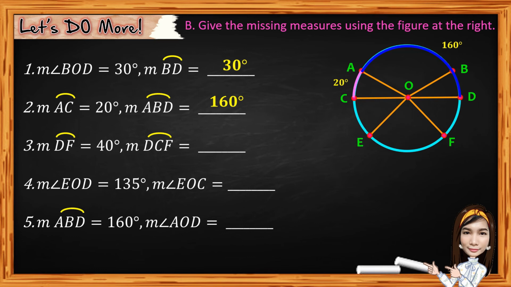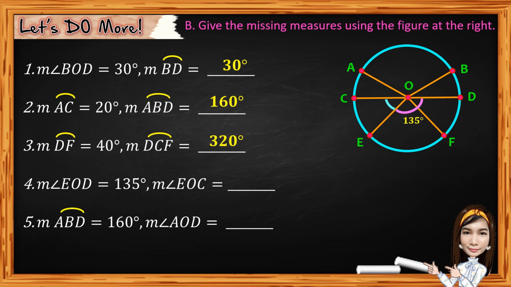For number 3, the measure of arc DF is 40 degrees. The measure of arc DCF is equal to 320 degrees because the total measure of the circle is equal to 360 degrees. For number 4, the measure of angle EOD is equal to 135 degrees.